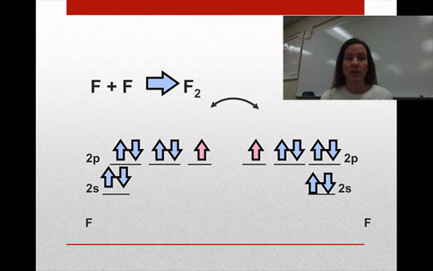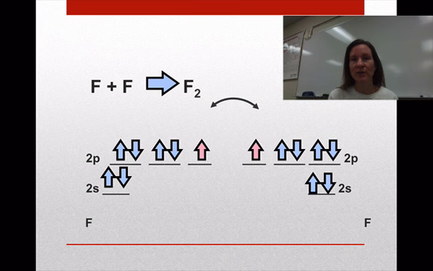So again, if you look at the screen, it's these 2 pink arrows, the unpaired electron in fluorine's valence cloud, that essentially, because it's unpaired and there's room in one of those orbitals, it can pair up with another unpaired electron in another atom's orbital and create that overlapping new orbital where 2 electrons reside as a covalent bond. So for the molecule F2, it has a single covalent bond that contains 1 electron from one fluorine and 1 electron from the other fluorine in a shared space between the 2 atoms.